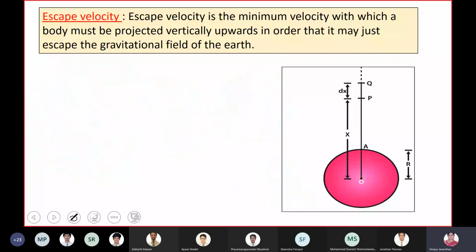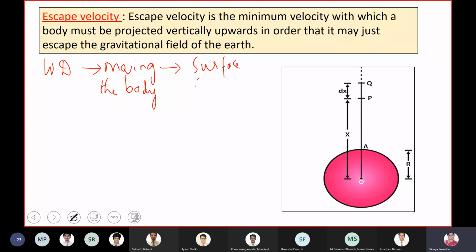What happened? Do we have to draw the diagram? The diagram is important. Now look at this. How will we proceed, boys? How are you going to find the work done in moving the body? If the body has to escape Earth's gravitational field, you have to do work in moving the body from the surface.